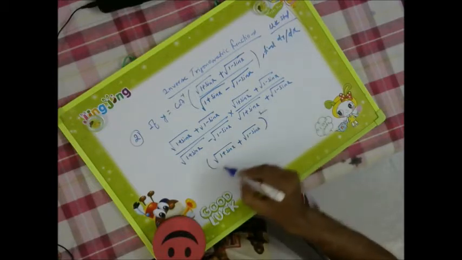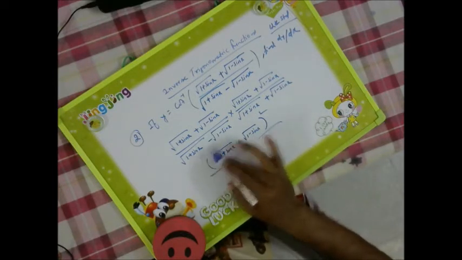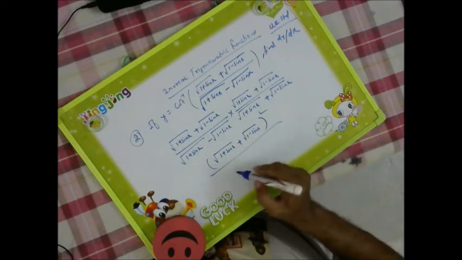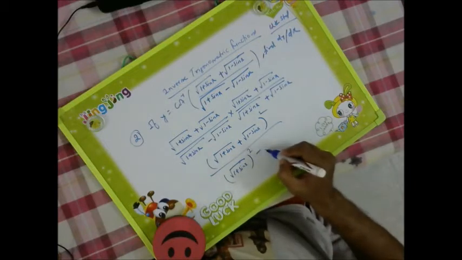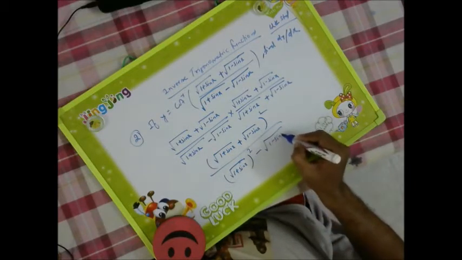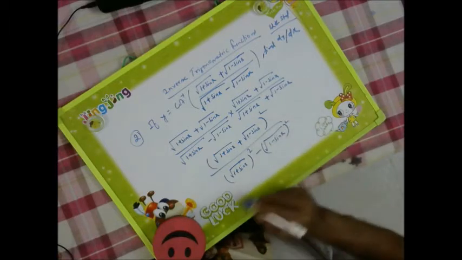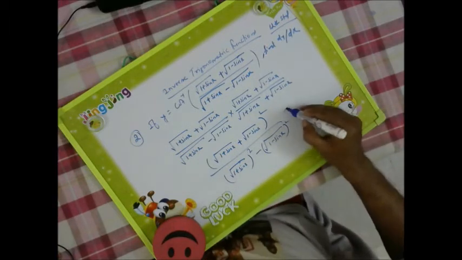squared, divided by, here the formula (a minus b) into (a plus b) will be utilized. So here (root of 1 plus sin x) whole square minus (root of 1 minus sin x) whole square. Okay, so this formula we have got.